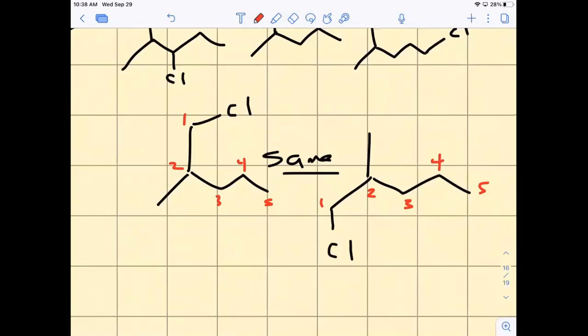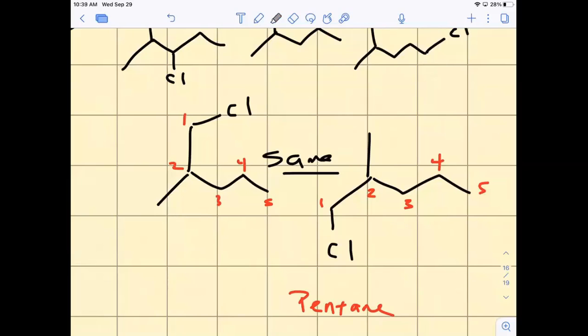What's my parent if it's 5 carbons? Is it pentane? Yes. Where are my substituents? First carbon. Okay, I have a substituent at 1. I have a chlorine at 1, right? And what about 2?